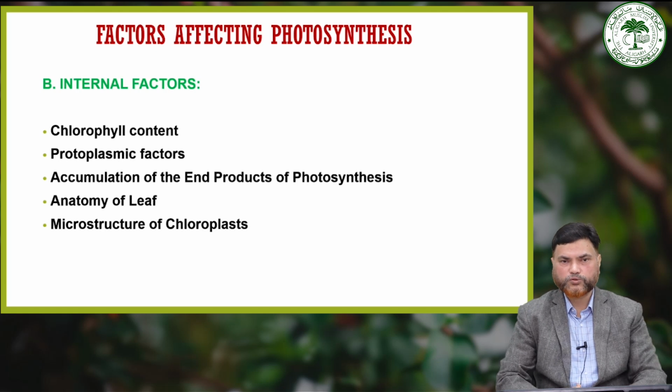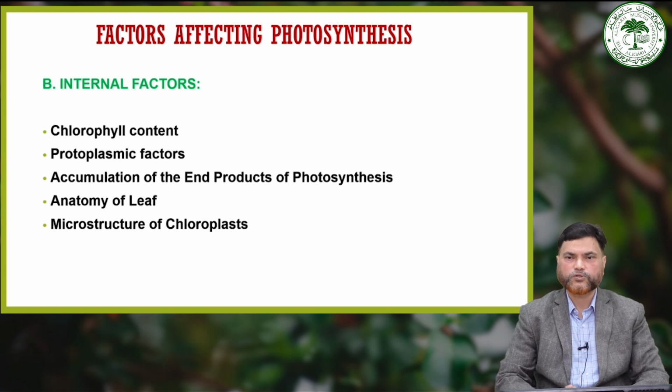Now coming to the internal factors, which also play a very crucial role. Chlorophyll content is very important for plants to do photosynthesis. In non-green plant parts, variegated leaves, and etiolated plants, generally photosynthesis does not take place.